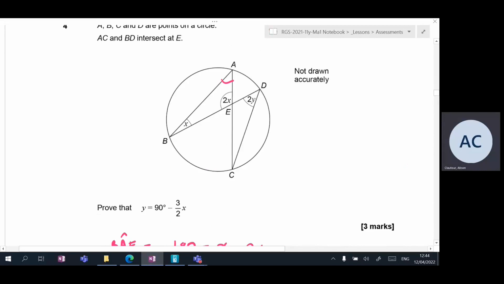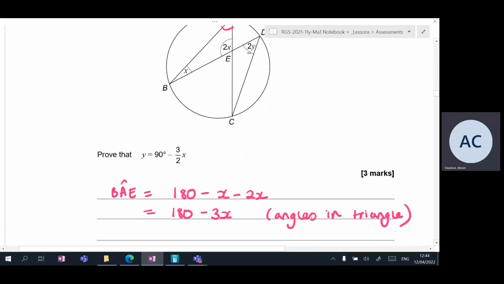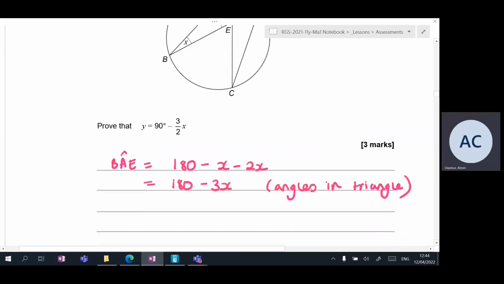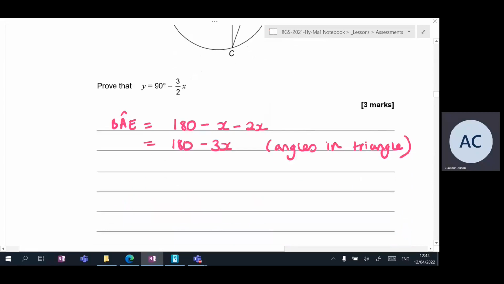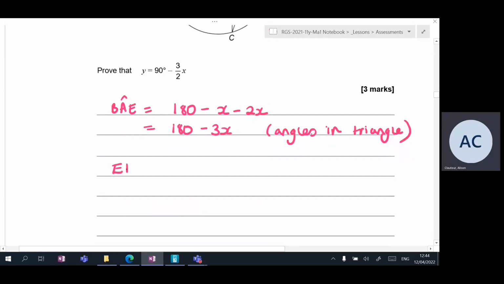If we think about what links that to this expression that we've got here for y, you've got the circle theorem, angles in the same segment, haven't you? So you know that EDC is going to be the same because of angles in the same segment.